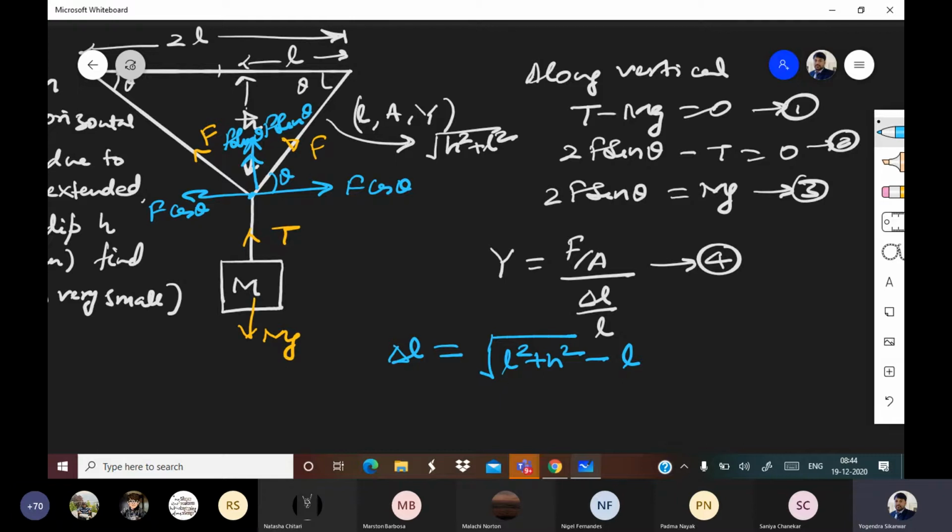So if you subtract initial length from final length, then what are you getting? Increase in length.